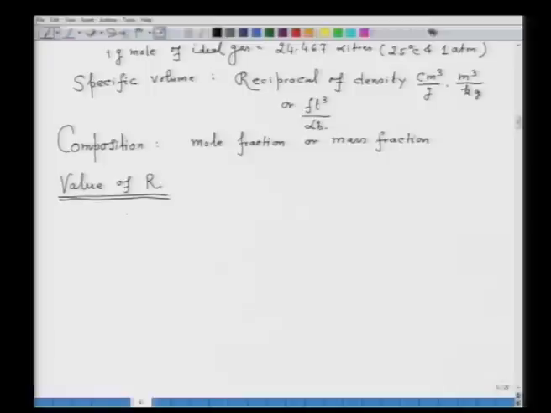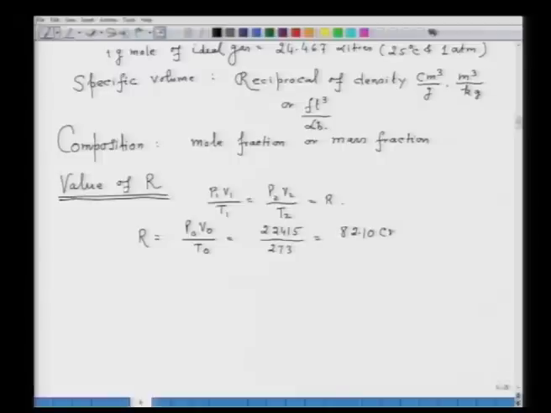So, value of R, you know, very simple, that P1 into V1 upon T1 is equal to P2 into V2 upon T2, and that is equal to R. So, we can find out R, for example, that is equal to P0 into V0 upon T0. If we express P0 as atmospheric pressure and V0 as 22,415, we divide by 273.